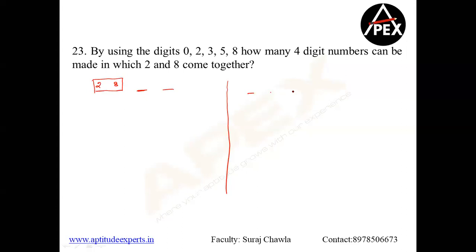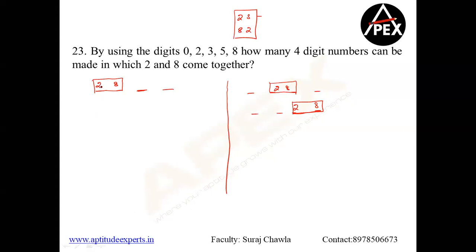Now, if you want me to make other cases, I can have 2 and 8 coming up here. 1, 2, 3, 4. I can have 2 and 8 coming up here. And we saw yesterday, if it's asking you 2 and 8 coming up here, whatever total number of cases you get, multiply by 2, because 2, 8 will be one of the cases, and I can also consider 8, 2.